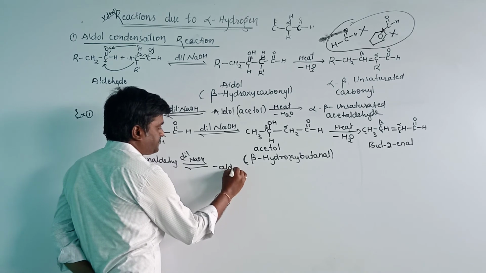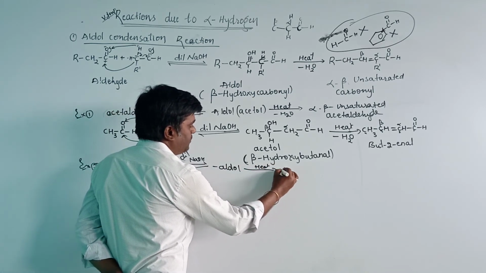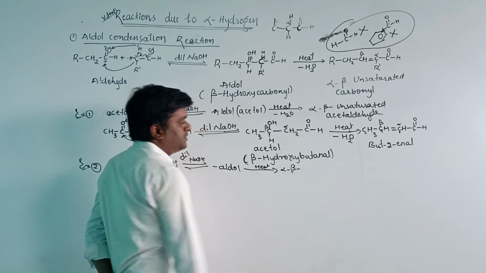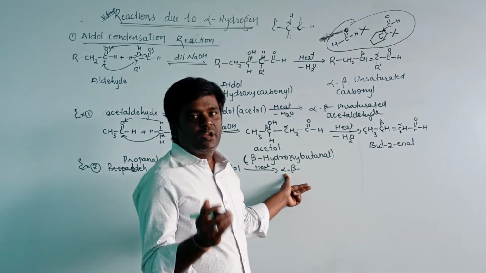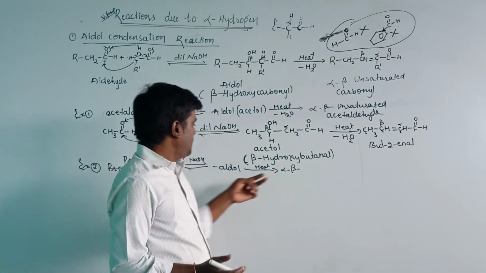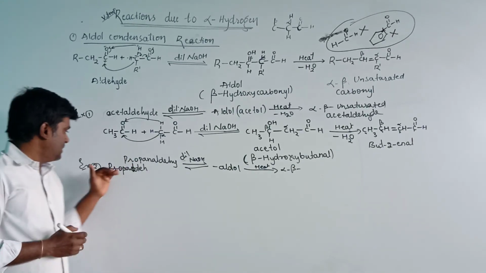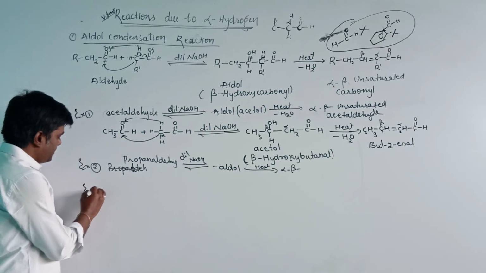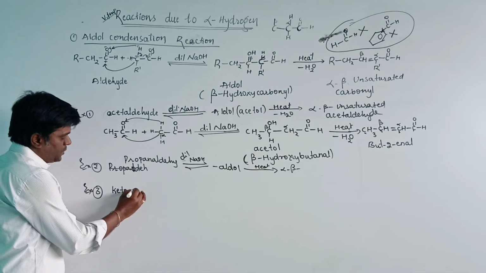The aldol, on heating, will produce the alpha beta unsaturated carbonyl compound, an aldehyde. Then make the reaction. This is the homo, and this third one is also a homo. The third one is a ketone. For the ketone, the first member, take acetone.